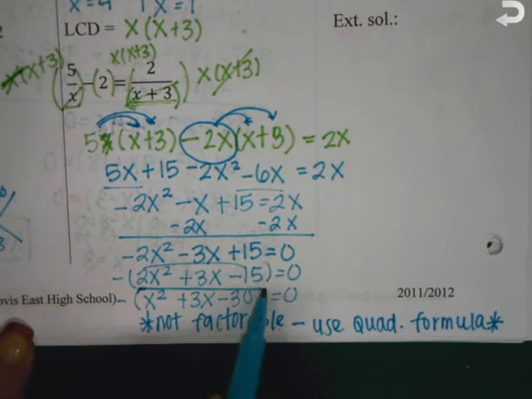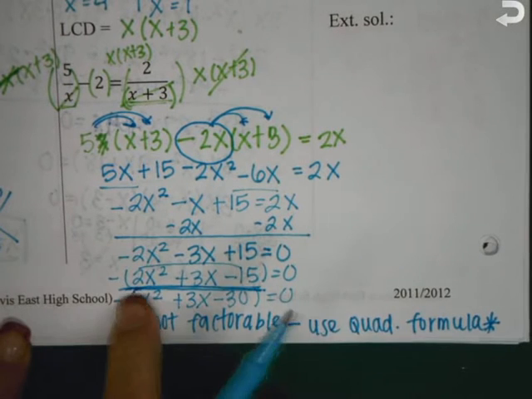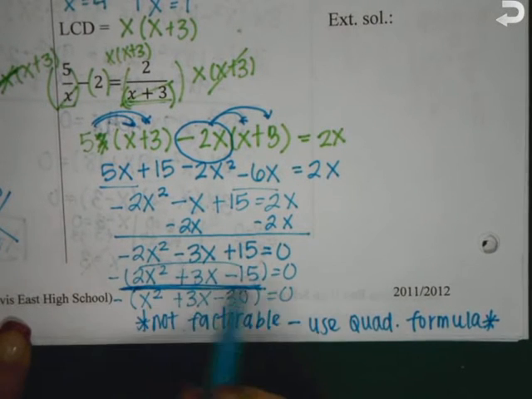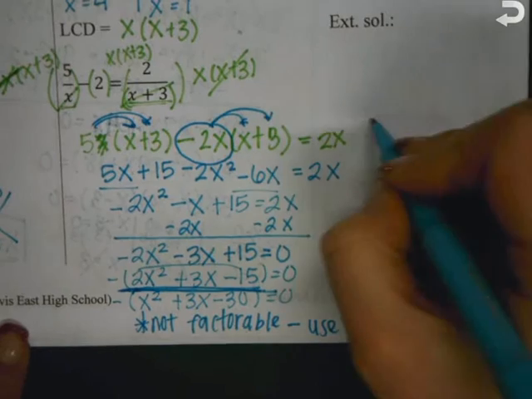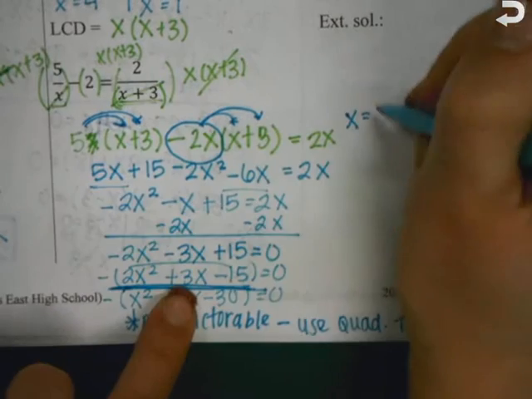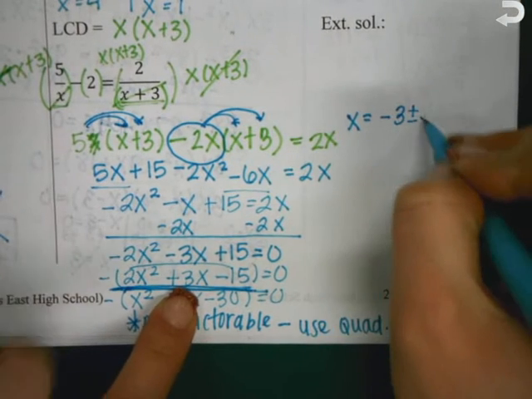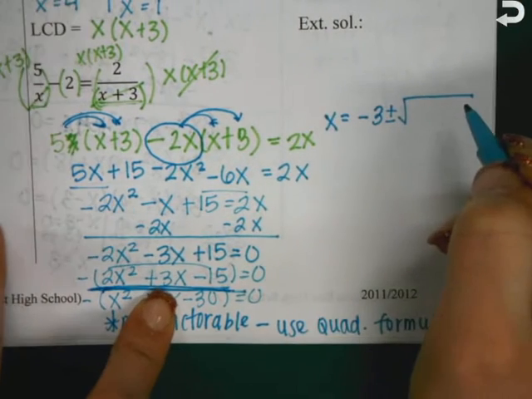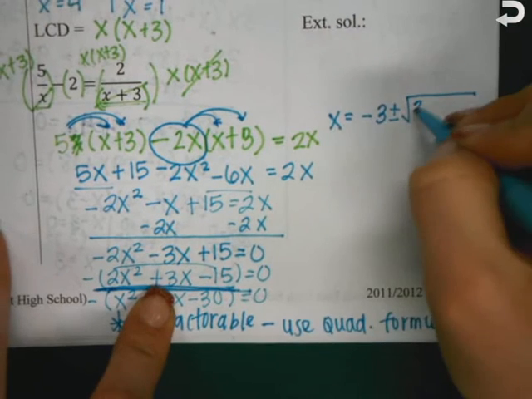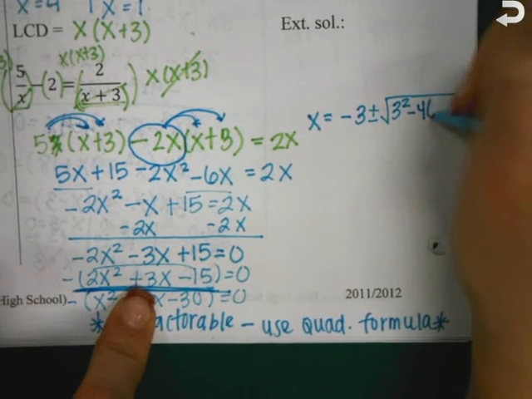We're going to use the quadratic formula. X equals negative b, so that's going to be negative 3 plus or minus square root b squared, 3 squared minus 4a, 2, c, negative 15, all divided by 2 times a, which is 2.